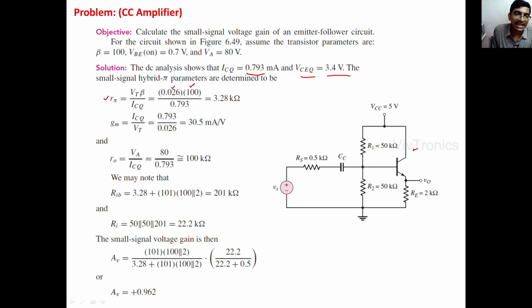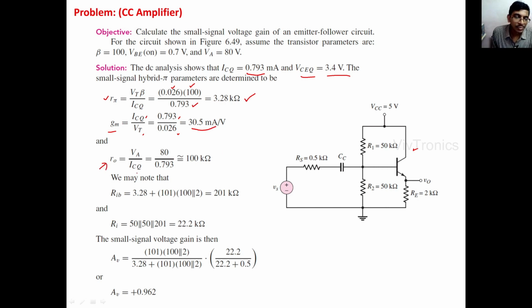So 0.026 into beta, which is 100, and ICQ is equal to 0.793. Therefore we can calculate the R pi value as 3.28 kilo ohms, and gm, the transconductance, is equal to ICQ divided by VT. The ICQ value is 0.793 and the VT value is 26 millivolts. Therefore we can get gm as 30.5 milliamperes per volt.